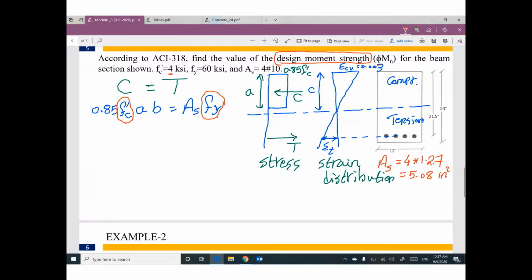So 0.85 times 4, which is 4,000 psi, times a, times b. The width of this cross section is given as 12, equal to the area of steel, 5.08, times fy, which is given as 60 in ksi.